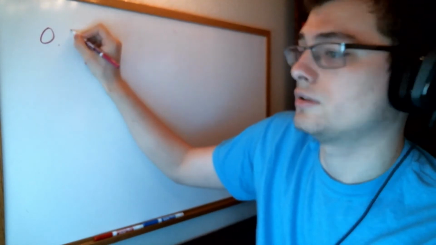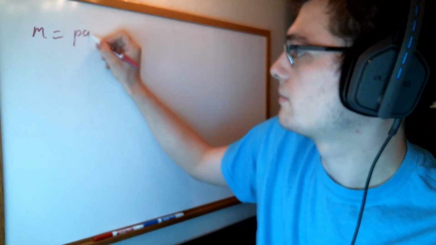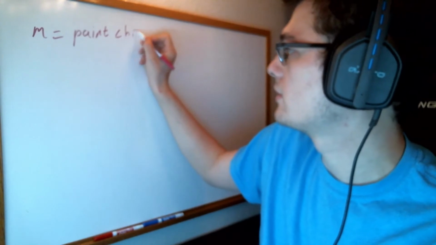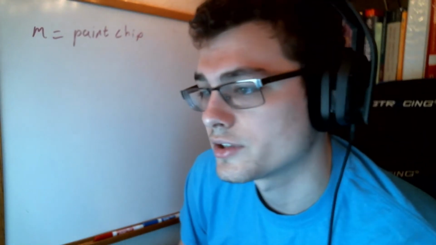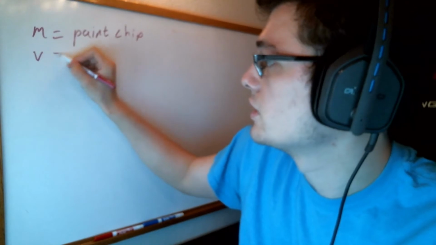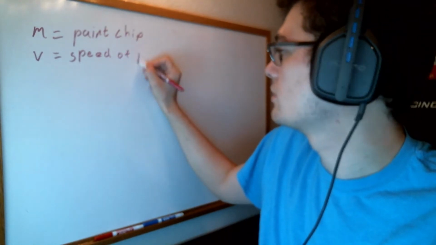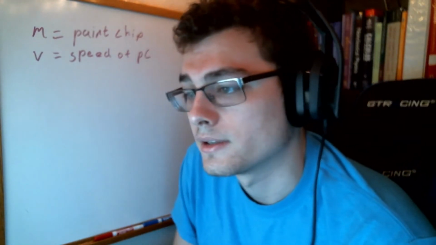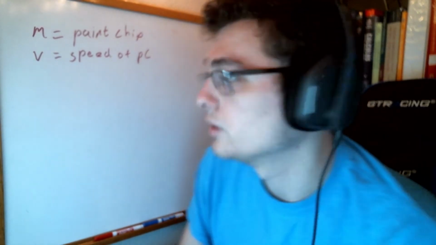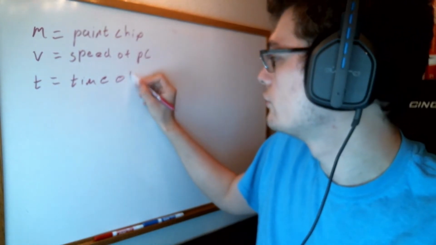We have to calculate the magnitude of force in newtons exerted by a paint chip of some mass that strikes and sticks to a spacecraft window with a speed, so we'll say v, the speed of the paint chip, v_pc, and then the collision lasts some period of time, the time of collision.